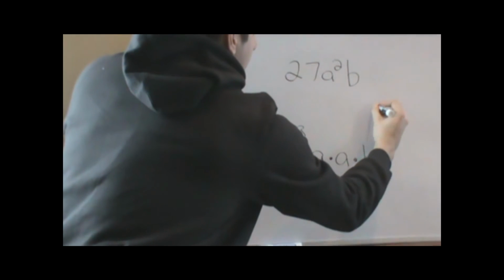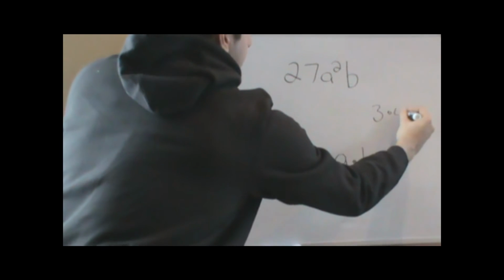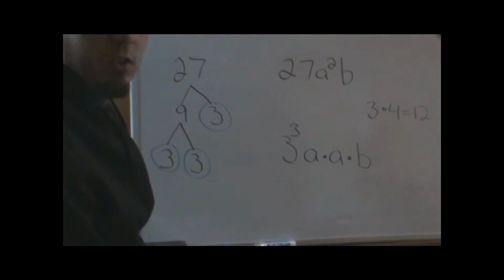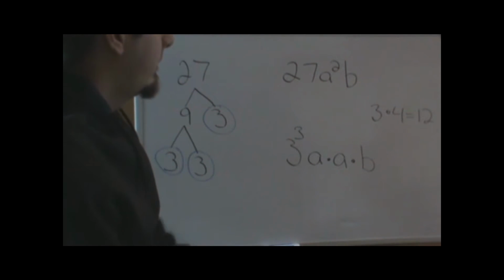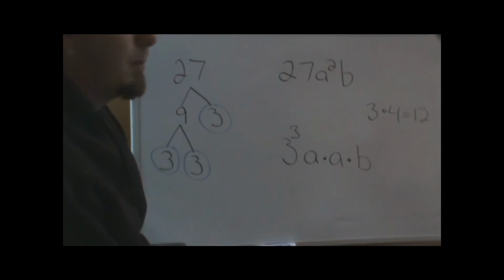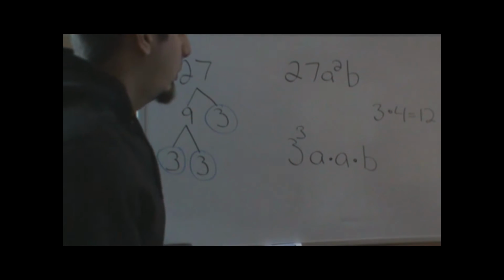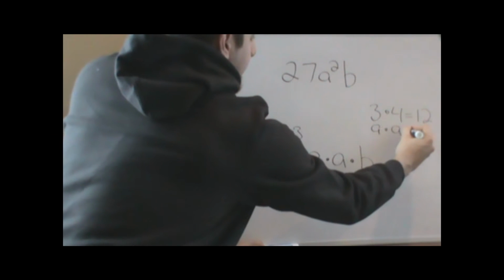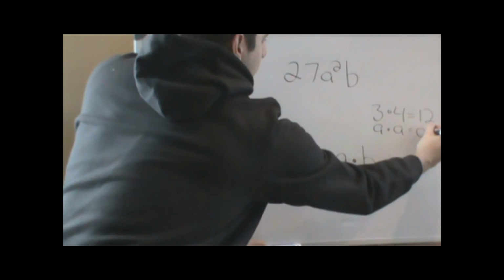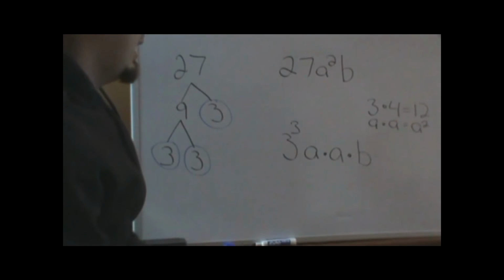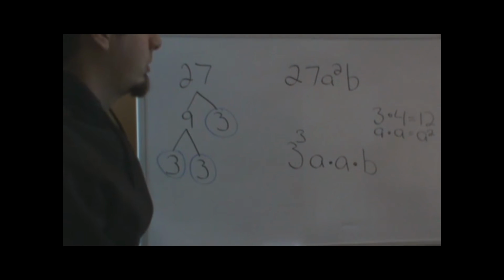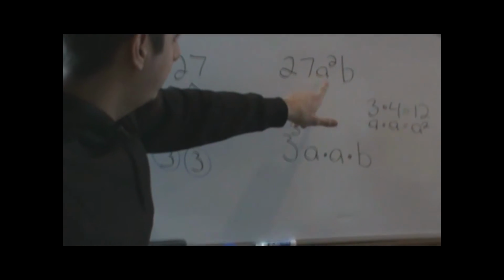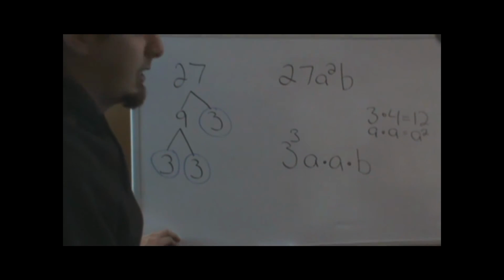When I have 3 times 4 equals 12, 3 and 4 are considered factors. They're the factors of 12. They're two numbers that multiply together to get you to 12. So a times a gets me a squared. So a times a, or a and a, are factors of a squared. So when you factor a squared, it becomes a times a.